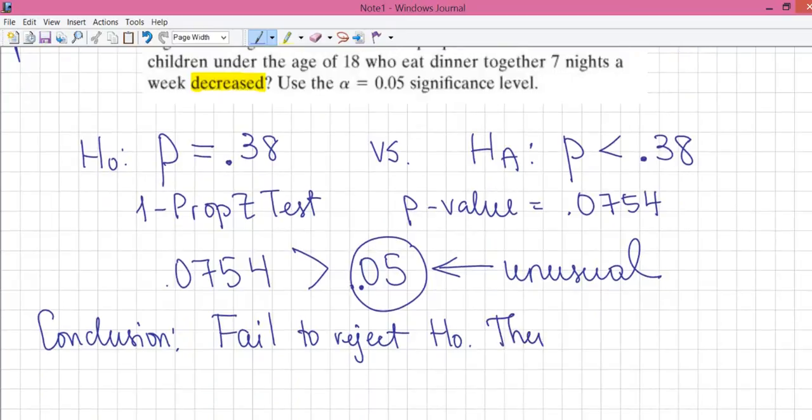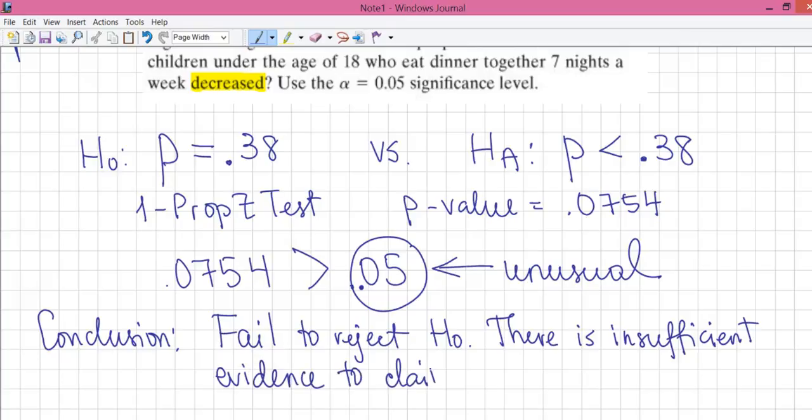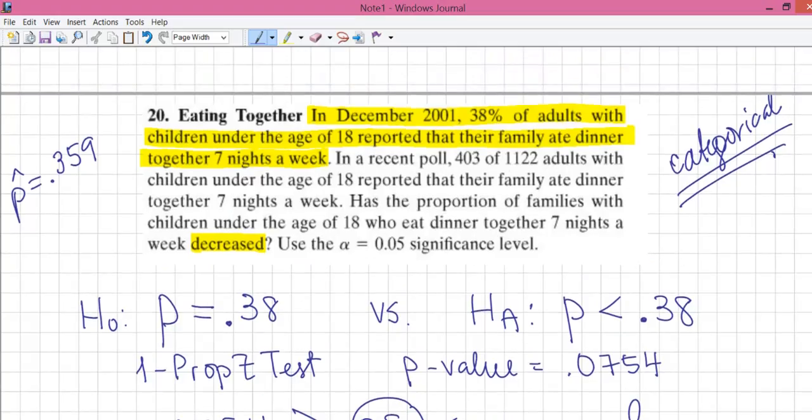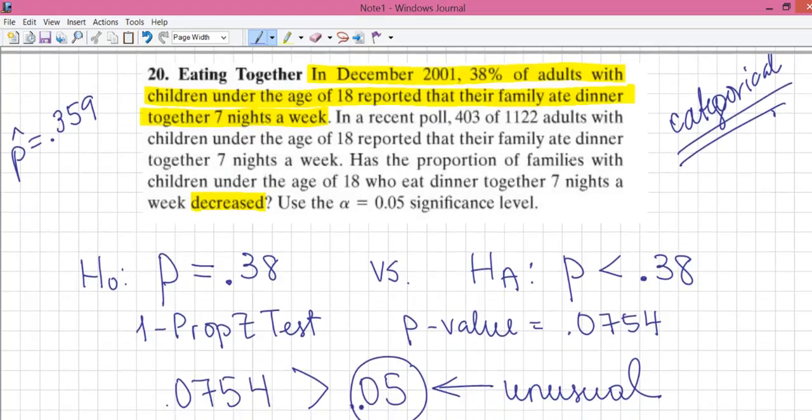There is insufficient evidence to claim that, to claim what? To claim that the proportion of families with children under the age of 18 who eat dinner together 7 nights a week decreased.